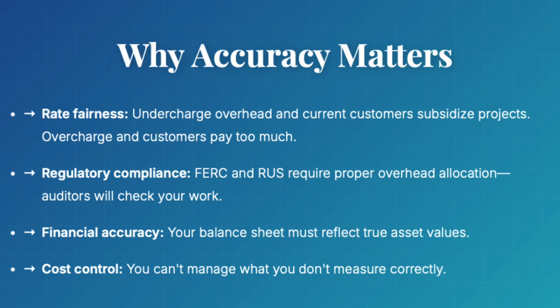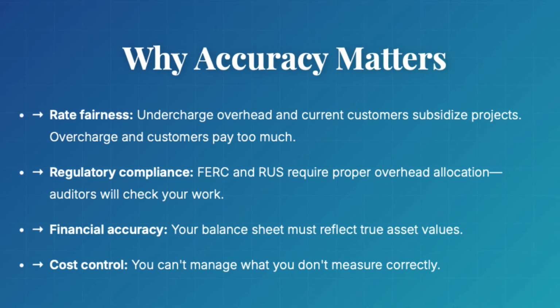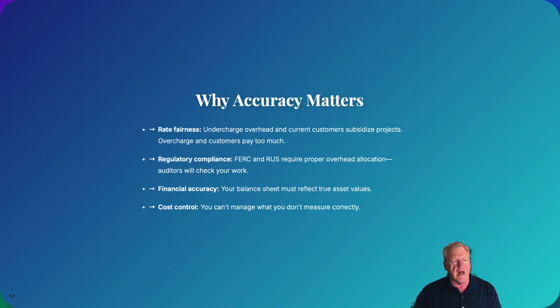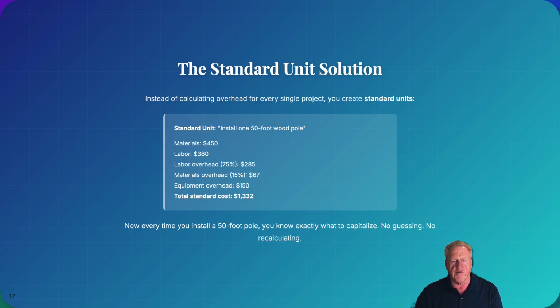If you don't include overheads, your balance sheet will be understated, your income statement will be overstated, and that mismatch doesn't really reflect the reality of how you provide service. And then there's cost control. If you don't measure it correctly, you can't really manage a project without the proper cost of overheads and the direct labor and materials.